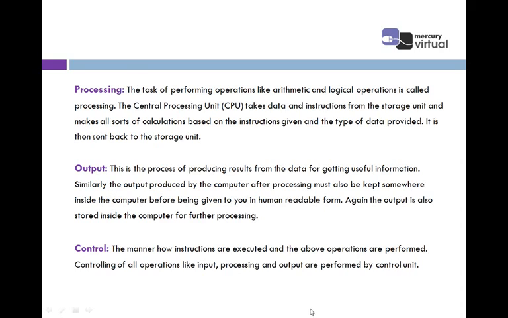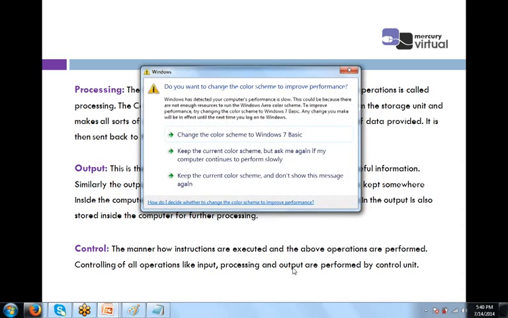It is the supervisor of all the above things. It is a nervous system that supervises whether input takes place efficiently, whether output takes place efficiently, whether processing takes place efficiently or not.